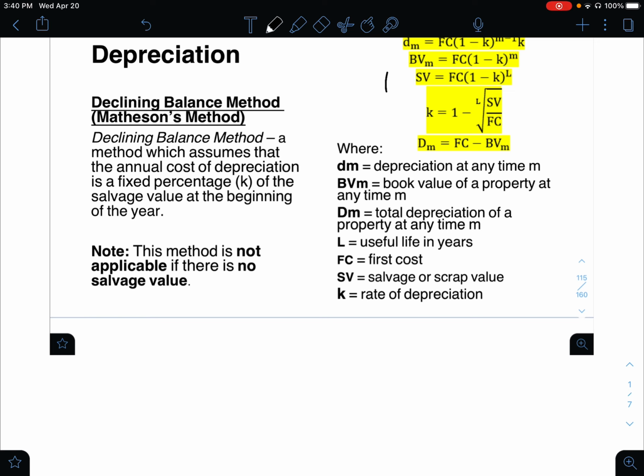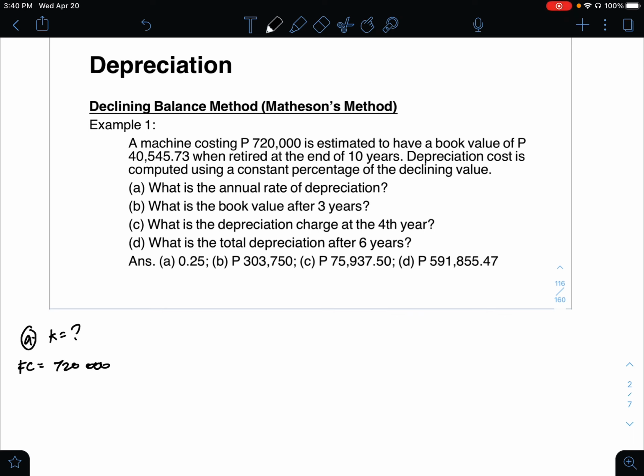So, letter A, question ana is K. Given nato ang first cost, which is the 720,000 pesos, ang book value which is 40,545.73, and isa pa nga given for letter A, 10 years, that's L.